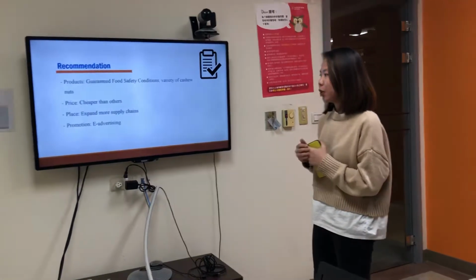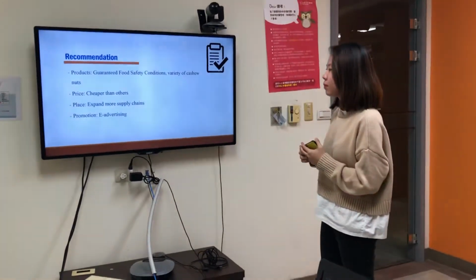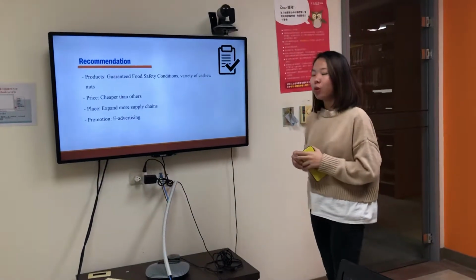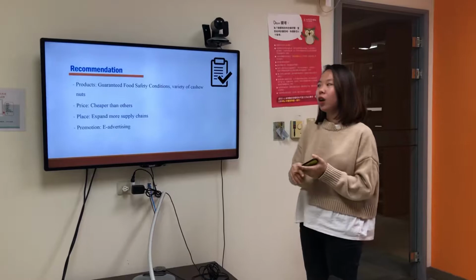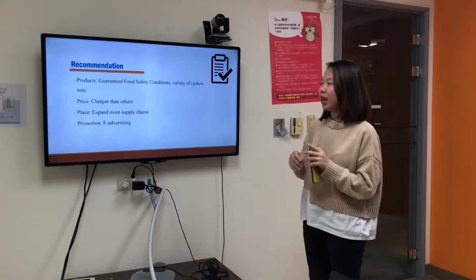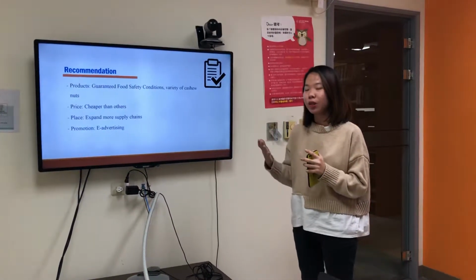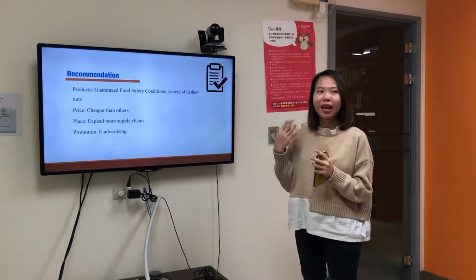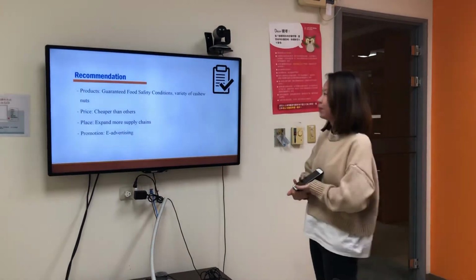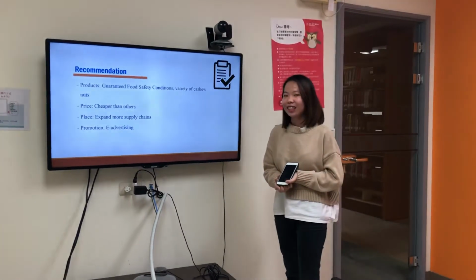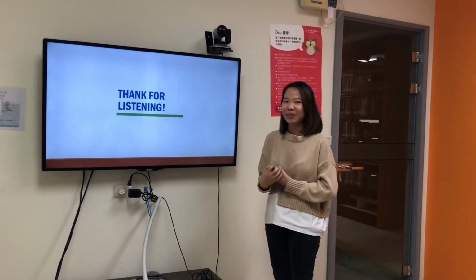About the place, expand more supply chains. And the last one, promotion. We want to advertise on websites, on the internet, and on TV. Maybe importers and exporters can succeed in finding the cashew nut. Thank you for listening. This is the end of our thesis.